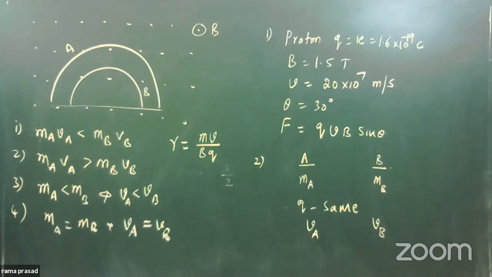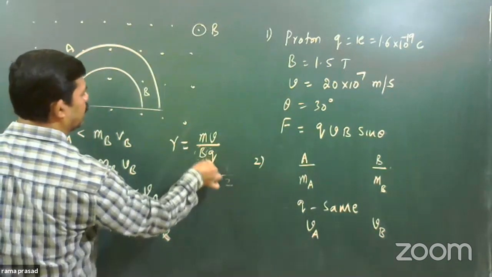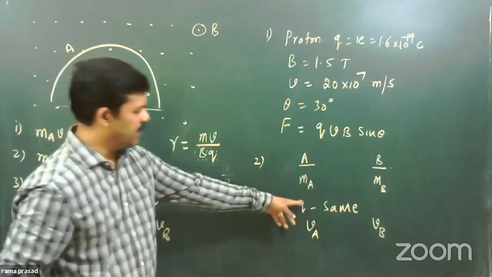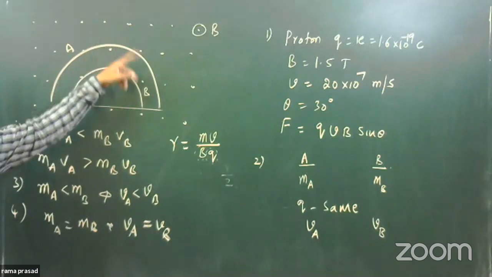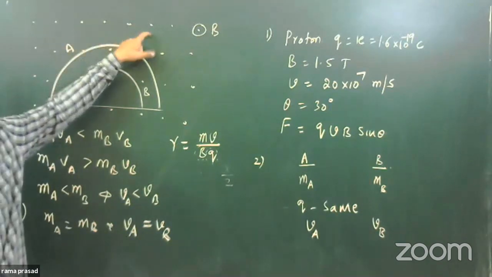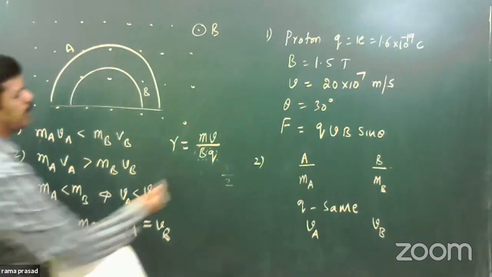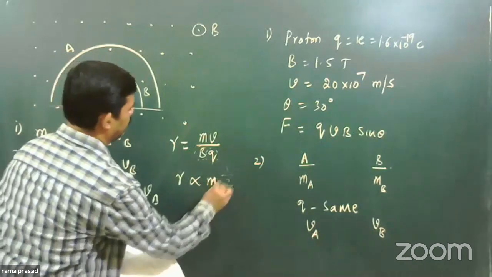Given masses are different, velocities are different, but B is the same and Q is the same. Both particles have the same charge and move in the same magnetic field. Dot means the field is acting outward. If these two are the same, R is proportional to MV.